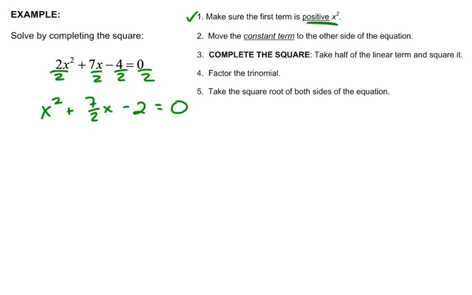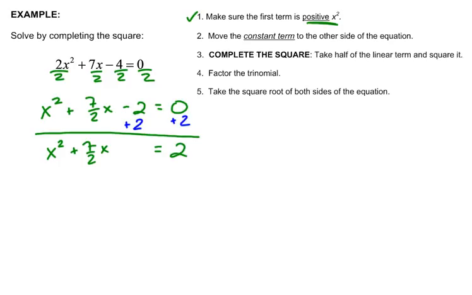Step 2, make sure the constant side is moved to the other side of the equation. Well, that's this minus 2 here, so we're going to add 2 to move it out, and we'll add 2 to the other side of the equation. So we are left with x squared plus 7 halves x is equal to 2.